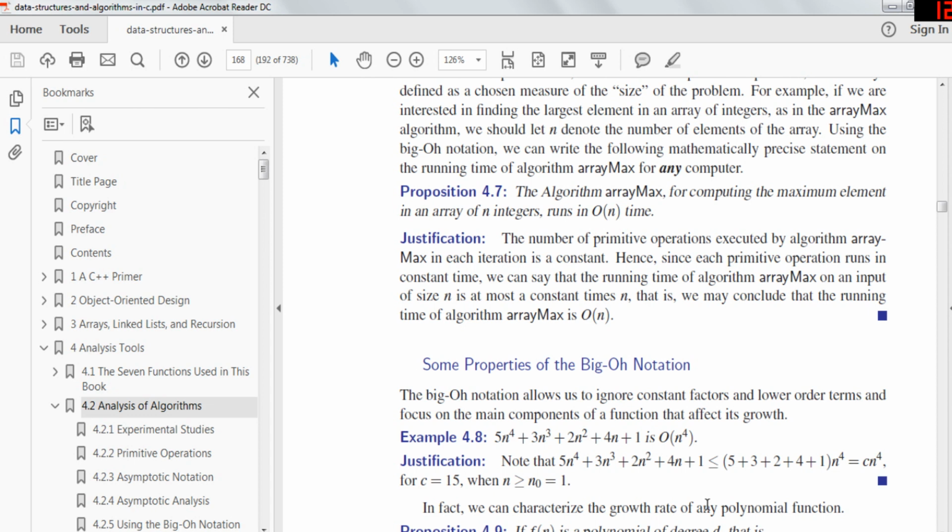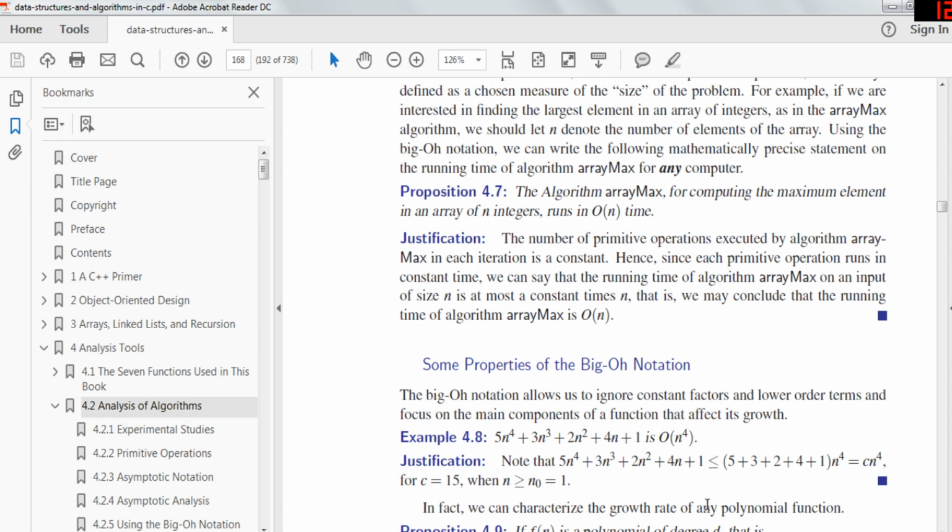Using the big O, we can write the following mathematically precise statement on the running time of algorithm array max for any computer. The algorithm array max for computing the maximum element in an array of n integers runs in O of n time. Here's the justification: the number of primitive operations executed by the algorithm array max in each iteration is constant. Why? Because it depends on the machine, right?